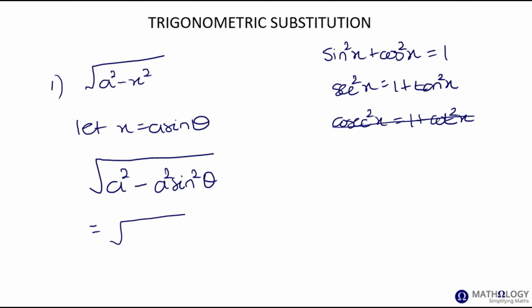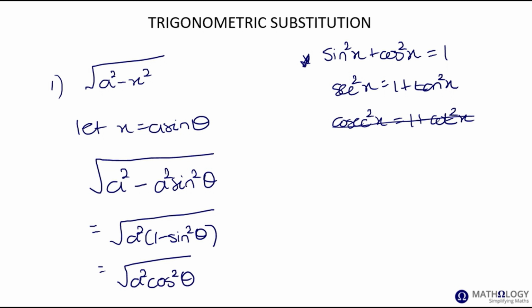We can take out a common a squared from the two terms, and we're left with 1 minus sine squared theta in the brackets. Then we have a squared. 1 minus sine squared, from this identity, is cos squared. So we'll have a squared cos squared theta, and the square root of a squared cos squared theta is just going to be a cos theta. A is a constant value. So we're reducing this expression involving a surd to a single trigonometric ratio.